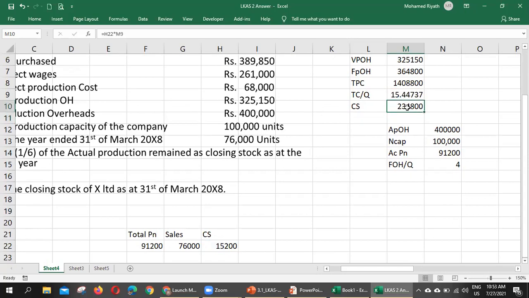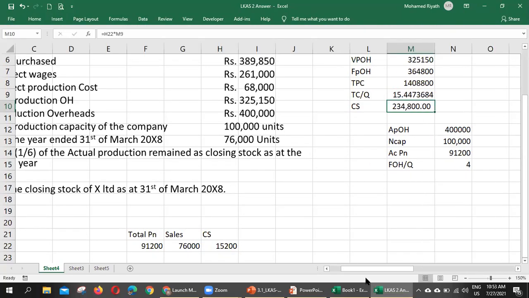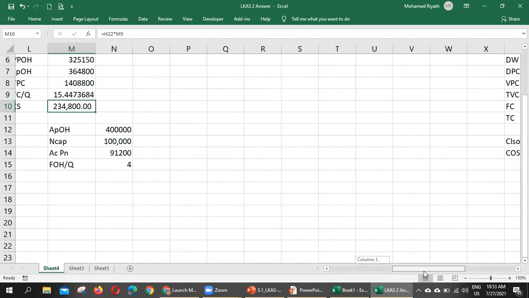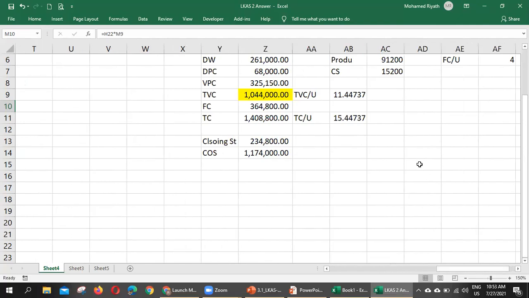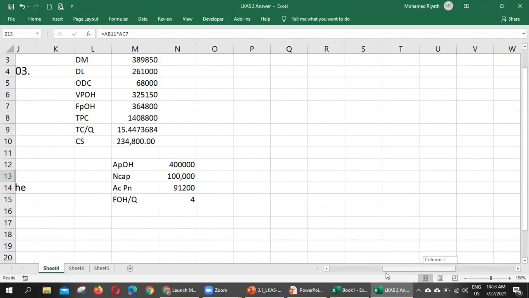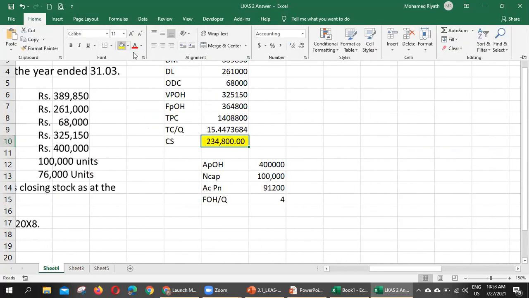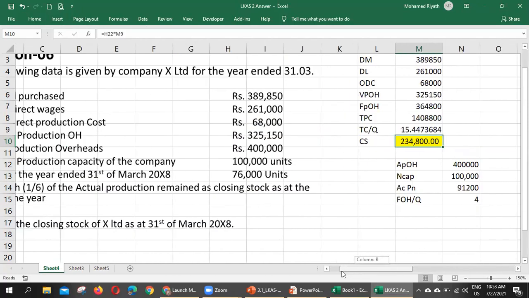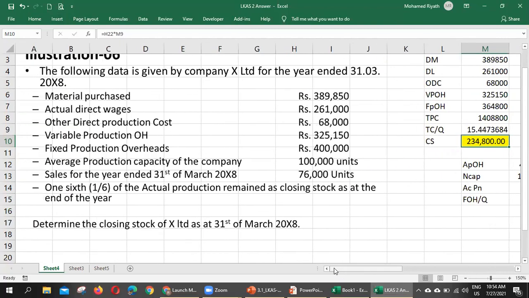And how much? Closing stock, this value, right? Got the answer? Clear? Got the point? Yes, clear.